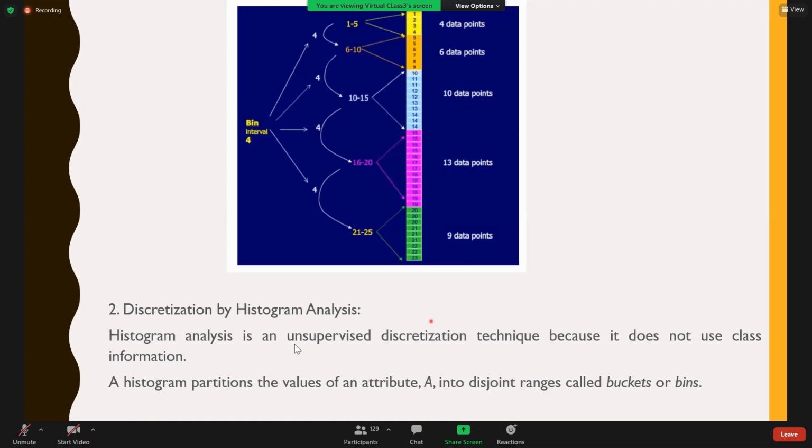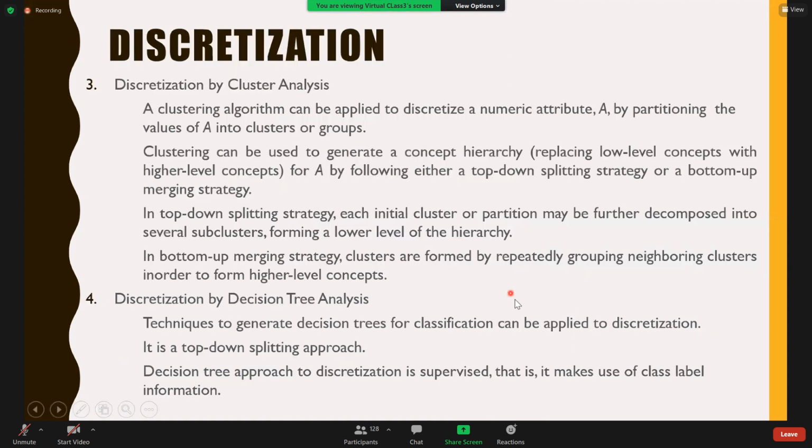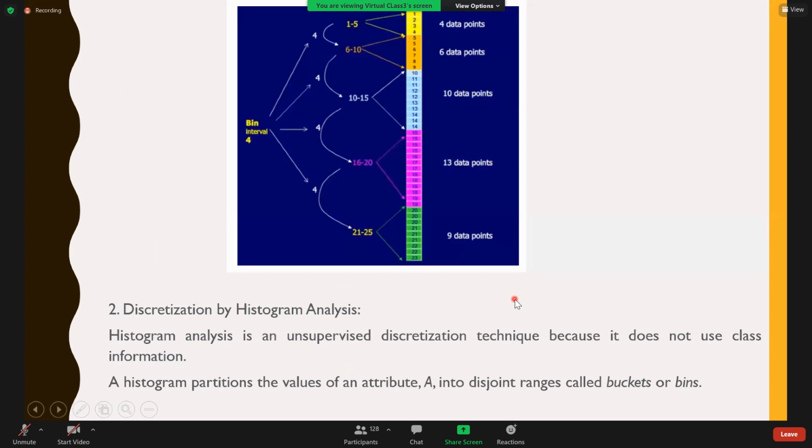The next one is discretization by histogram analysis. Histogram analysis is also an unsupervised discretization technique, as it does not use the class information. Here also we partition the values of the attribute into different buckets or bins. I already explained this technique.